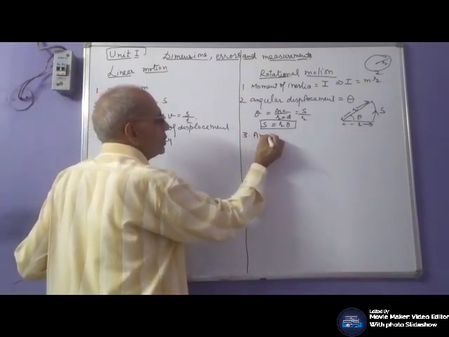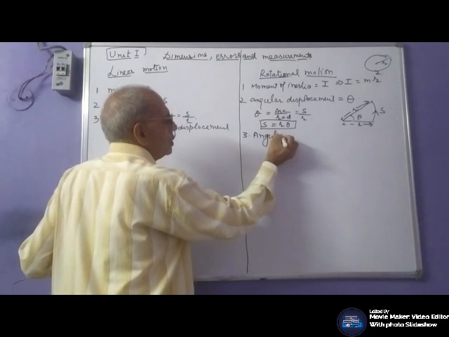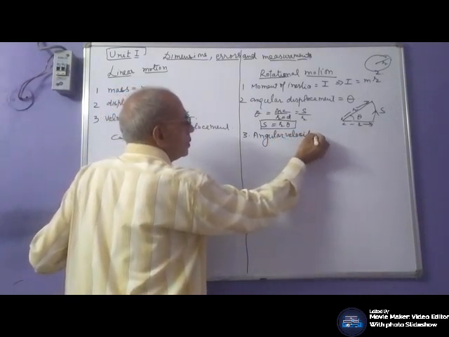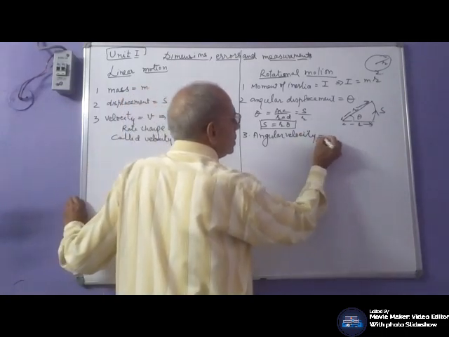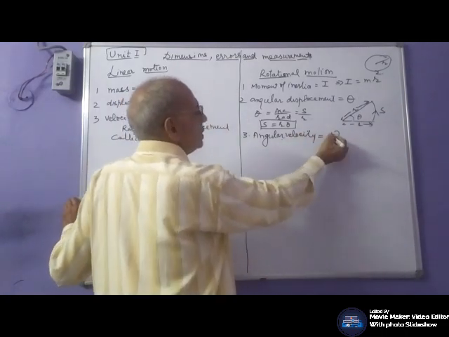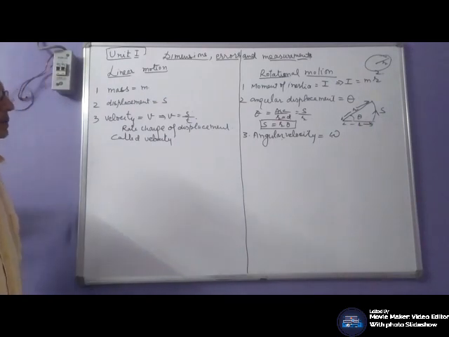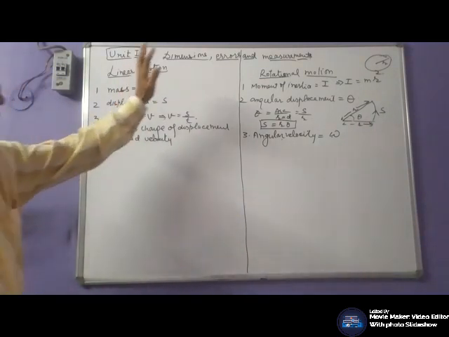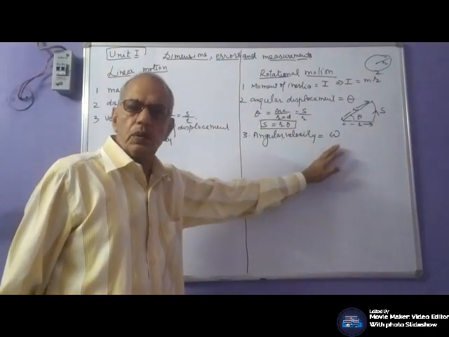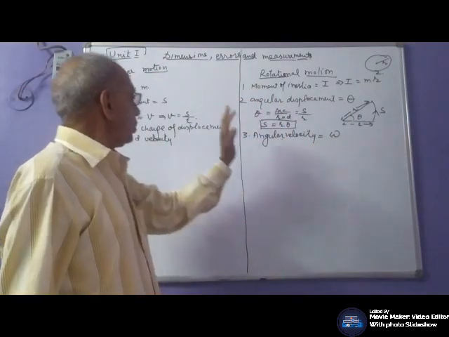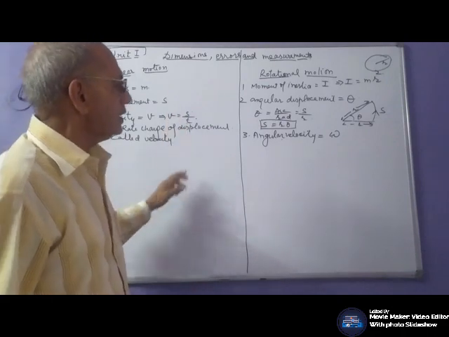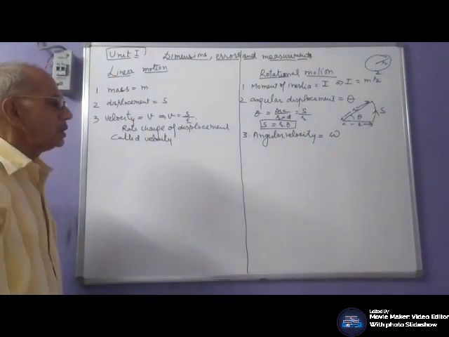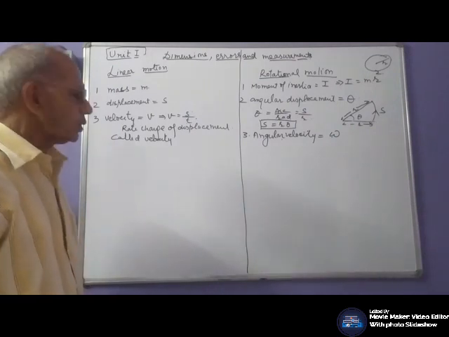Angular velocity, physical quantity, symbol omega. Velocity and angular velocity are not equal. What role is played by velocity in linear motion? The same role is played by angular velocity in rotational motion.